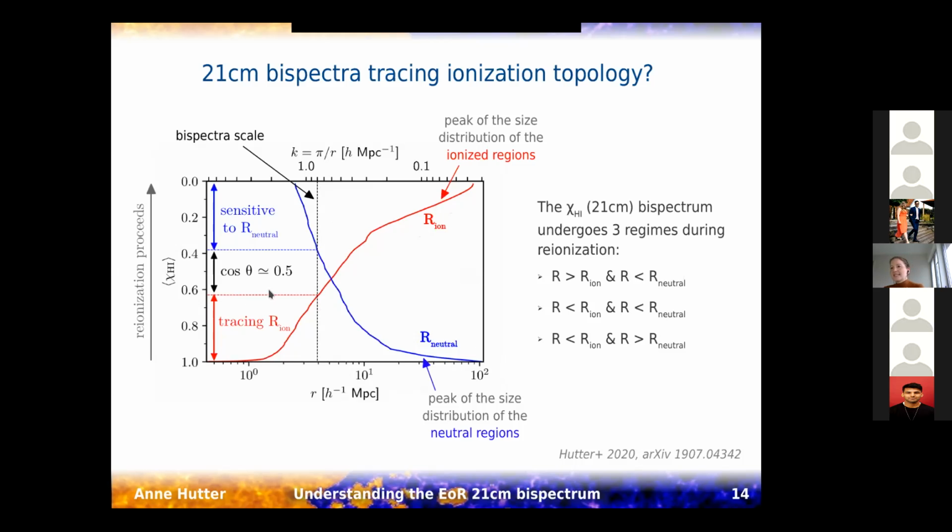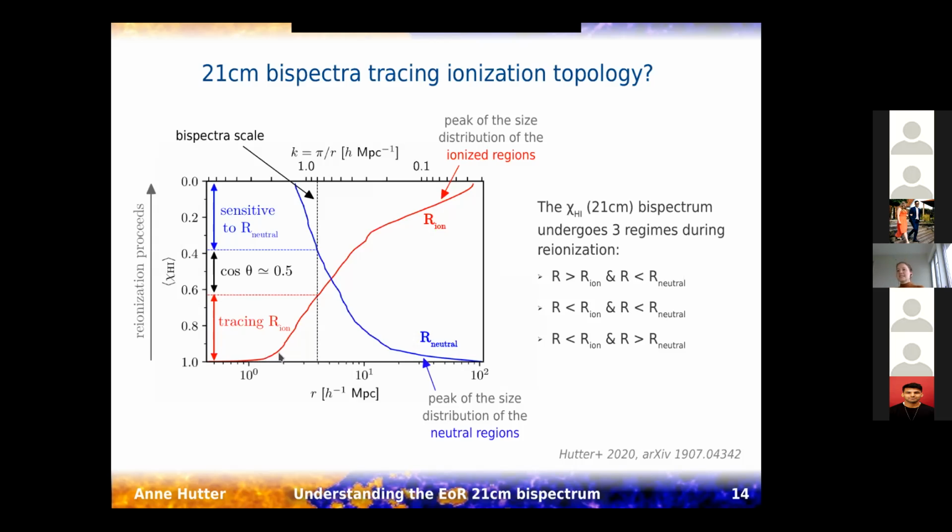And what we find is that we have three regimes. In the first regime, you can imagine that the shape that your bispectrum traces is larger than the typical size of your ionized regions.